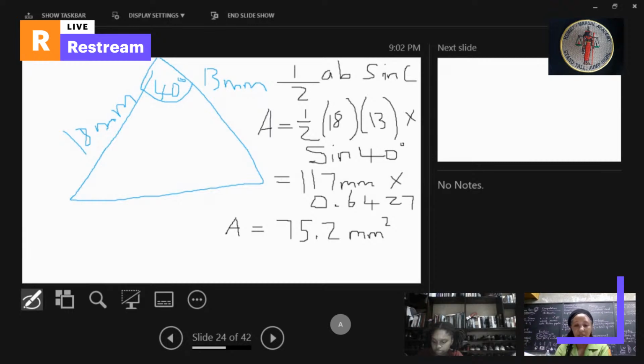So don't assume that if the length is 2 times longer, the area would be 2 times bigger. No, the area would be 2 times 2, 4 times bigger. We discovered that for the square and the rectangle as well.